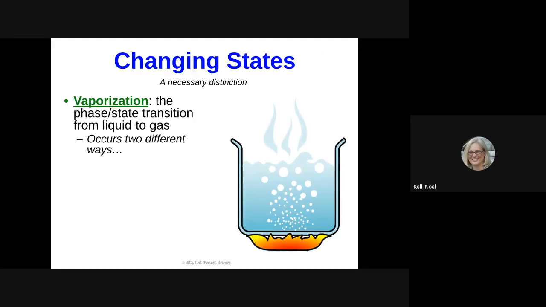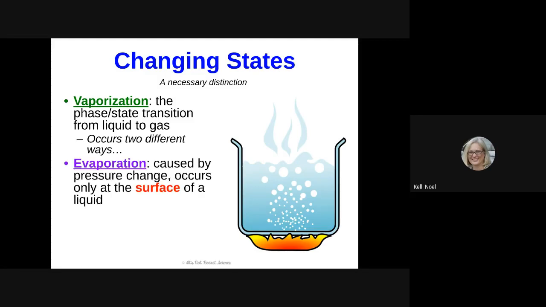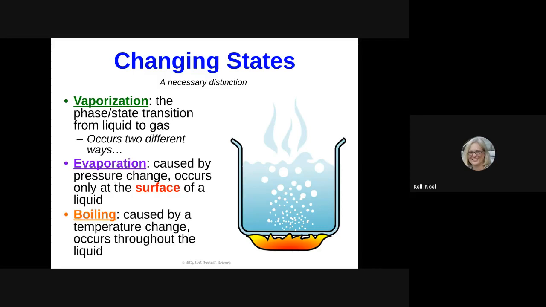All right, so vaporization. This is just going from liquid to gas. We're probably used to calling it evaporation, but evaporation is a little bit different. Evaporation is only at the surface, where boiling is throughout the liquid.